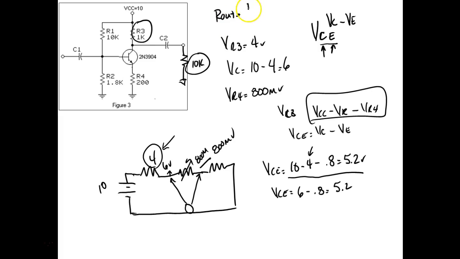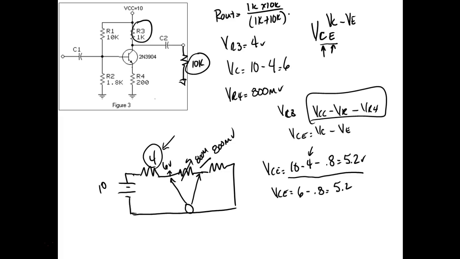So the product would be 1K times 10K over the sum, which would be 1K plus 10K. When you only got two resistors, you can use what we call the product over the sum, which means you multiply them together and then you divide them by their sum.